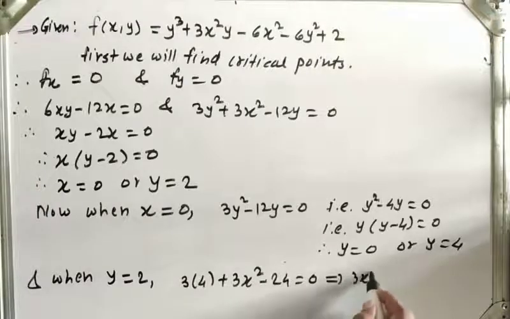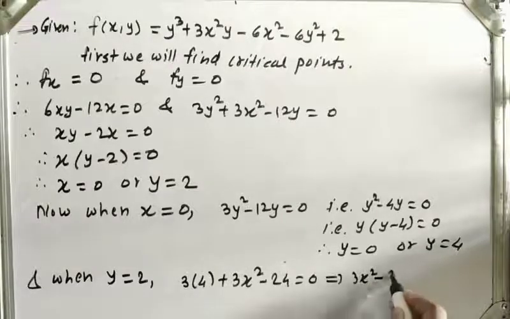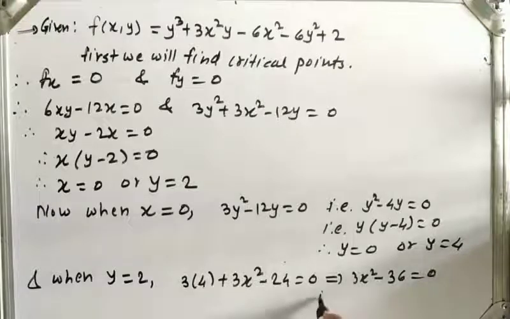That is 3x square minus 36 is equal to 0. That is x square minus 12 is equal to 0. Therefore x square is equal to 12 here.